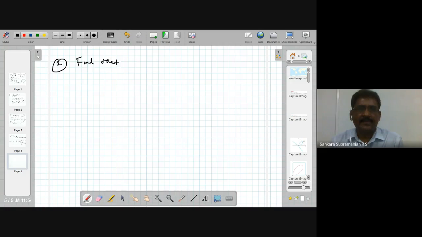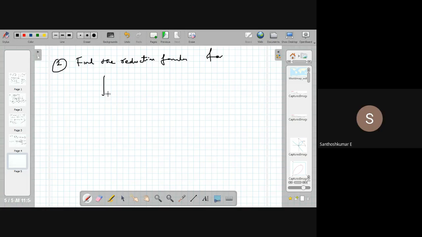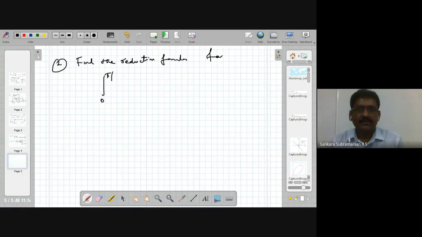Find the reduction formula for integral 0 to pi by 2. That was an indefinite integral; this is a definite integral. Sin power n x into dx.